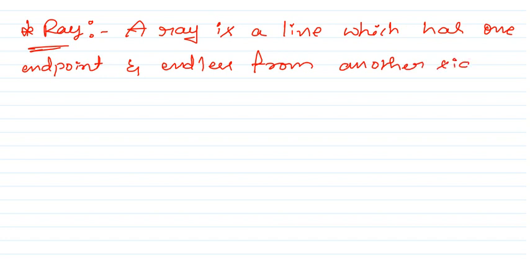In the sense, on one part it should have an end point, and on another side it does not have any end point. In the sense, it should have the arrow mark.